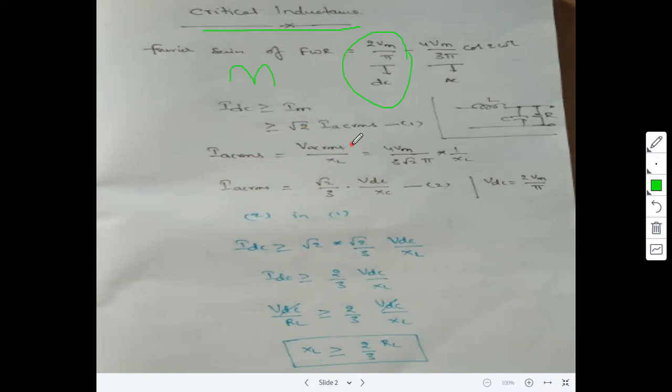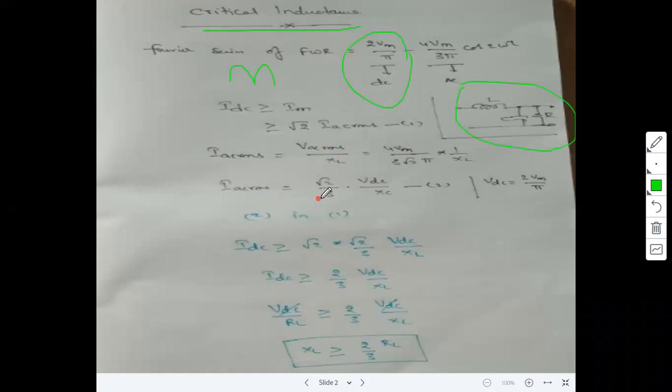IAC RMS is equal to, considering the LC filter here, VAC RMS by XL. VAC is 4Vm by 3pi, divided by XL. Vm is equal to Vrms by root 2.